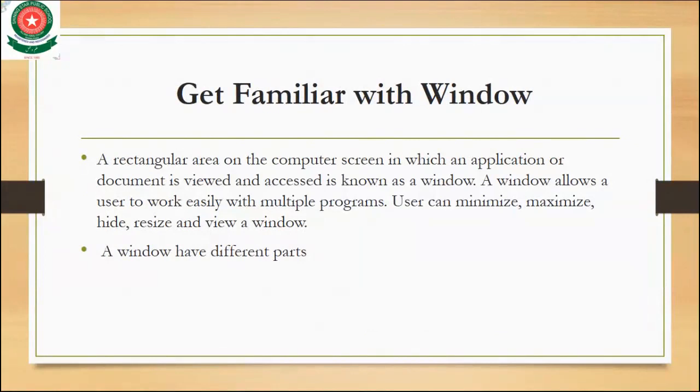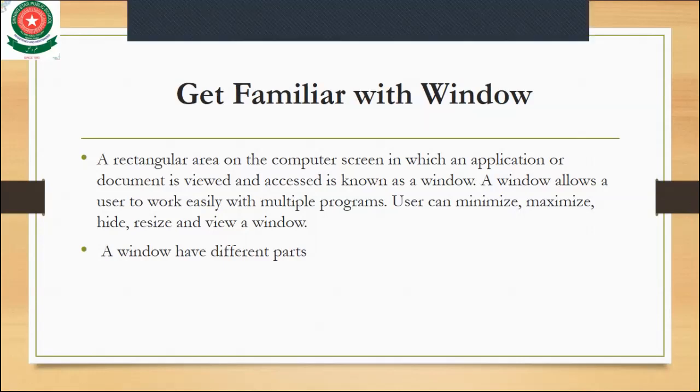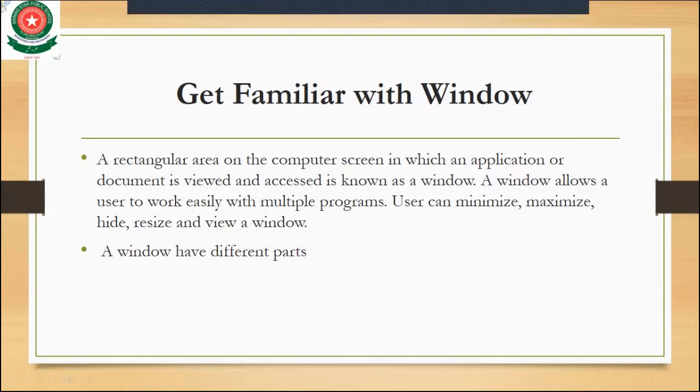First of all, what is the definition of a window? A window is a rectangular area on the computer screen in which an application or document is viewed and accessed. This is the definition of the window.